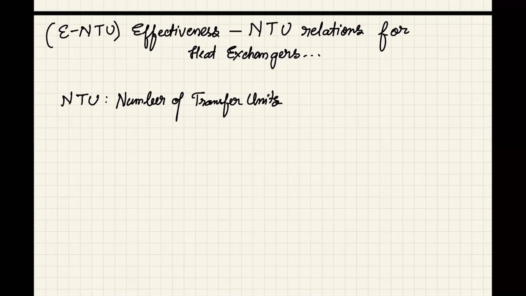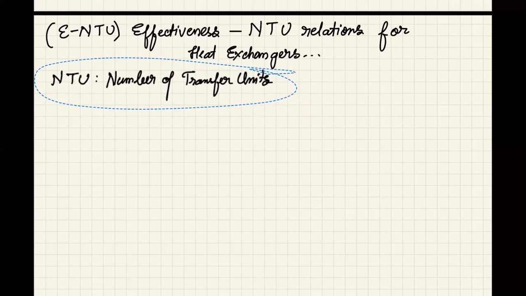All right, a quick correlation: you will be seeing this term epsilon NTU in your mass transfer also. Whenever you discuss distillation towers or any mass transfer operation unit design, the NTU method is used there also.